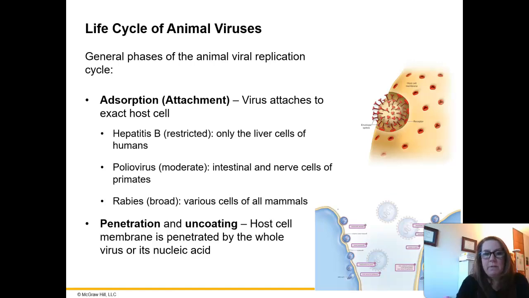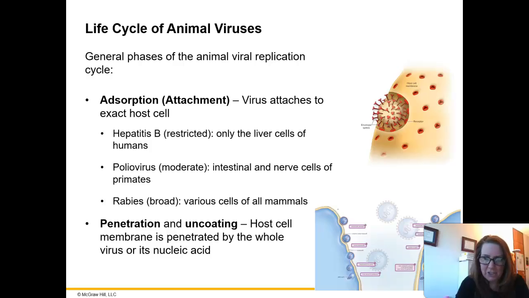And then lastly, rabies is broad in its preferences for host cells, so it can infect various cells of mammals. You might remember that our virus has those envelope spikes, and it's these envelope spikes that are responding to receptors on the host cell. This is the way it is being specific.